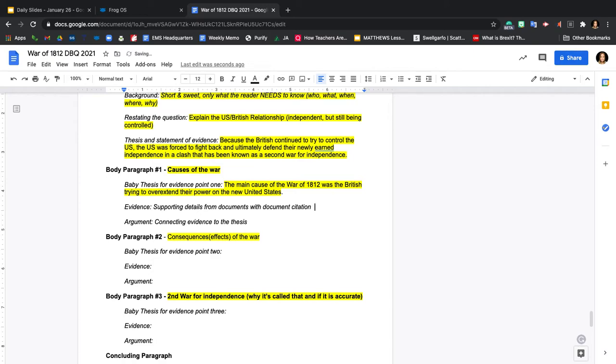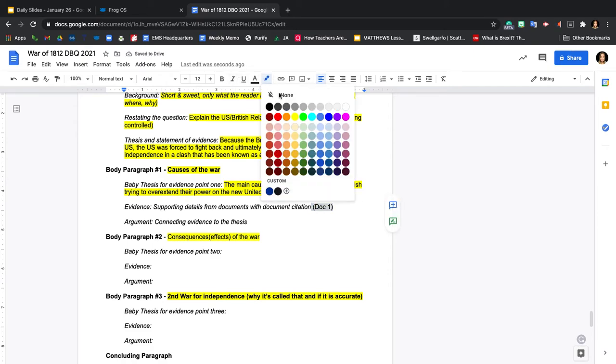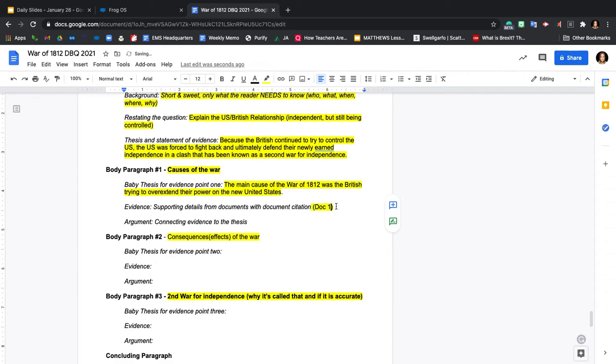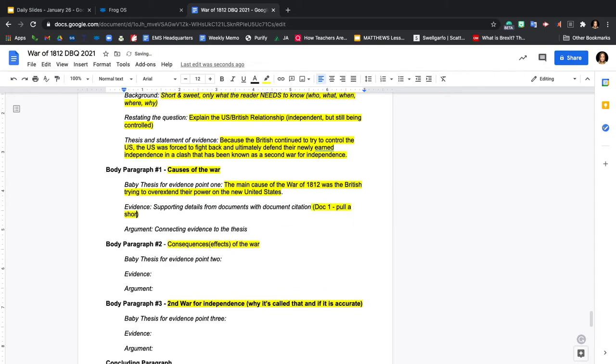So I'm going to put document 1 here. There are other documents that certainly talk about the causes. You need to pull a short quote that talks about impressment.